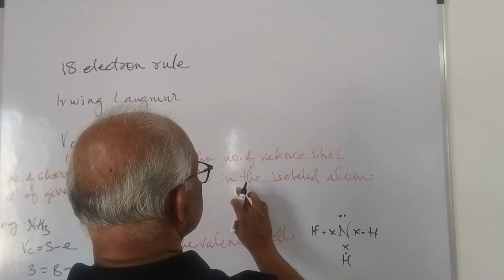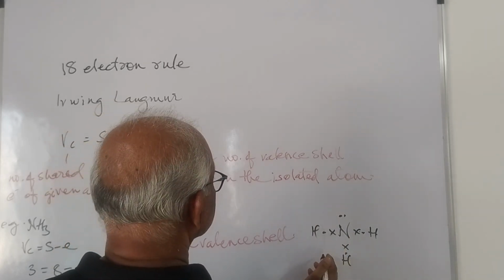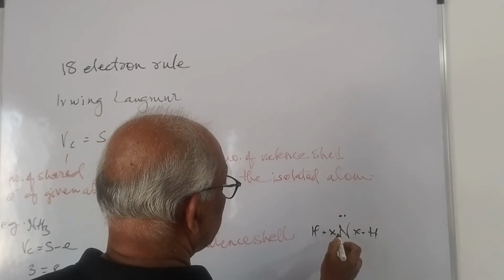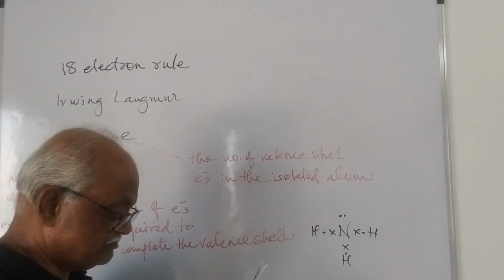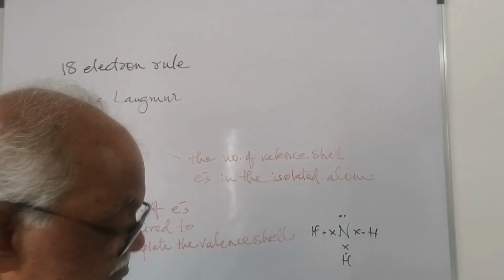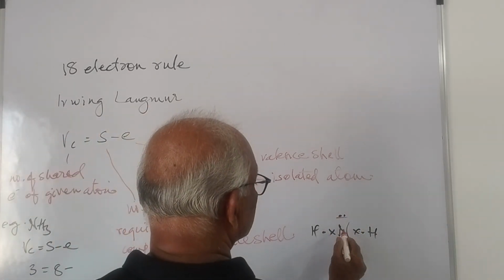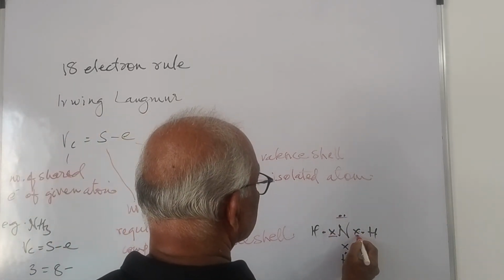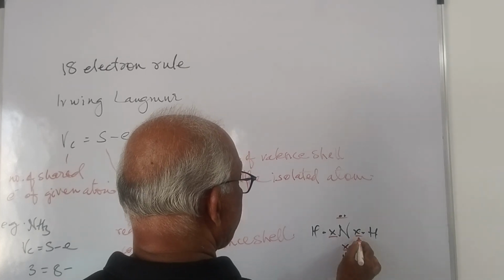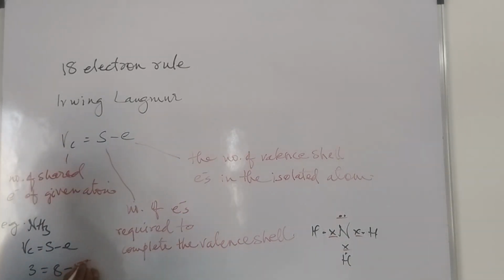So the number of valence shell electrons in the isolated atom is 5. So 3 is equal to 8 minus 5.